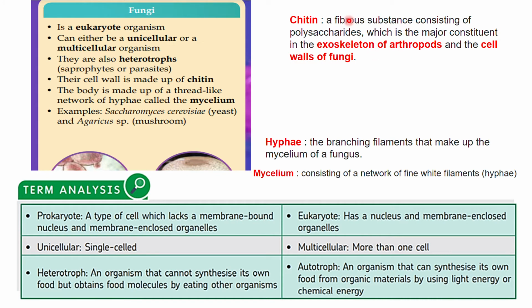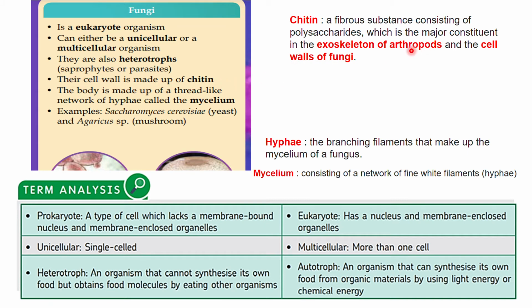Okay, so it's actually the fibrous substance containing polysaccharides. So that means that's the polymer, the complex structure of carbohydrates, which is the major constituent of the exoskeleton and, in this case, the wall of the fungi. Okay, so you see, their wall is made up of chitin.